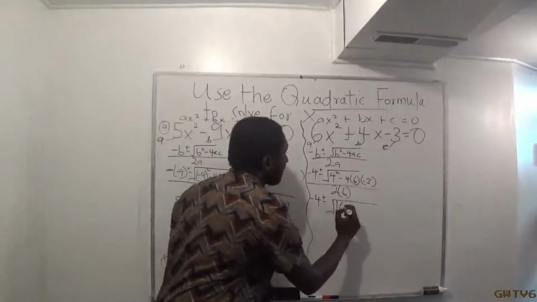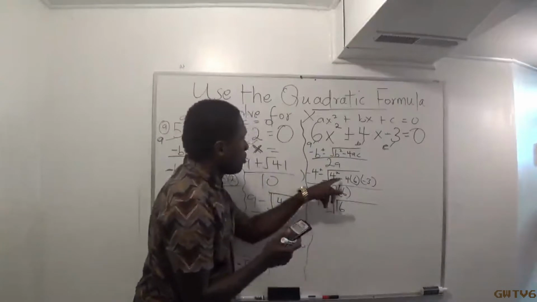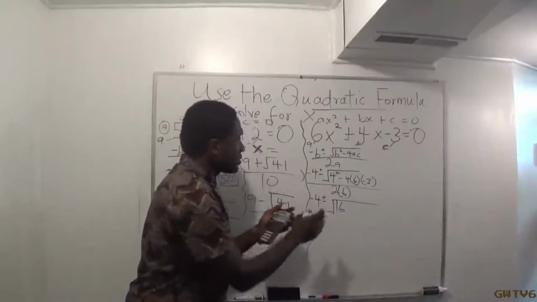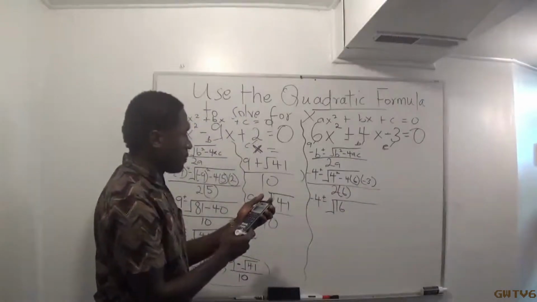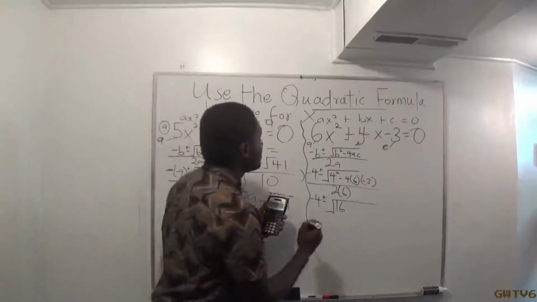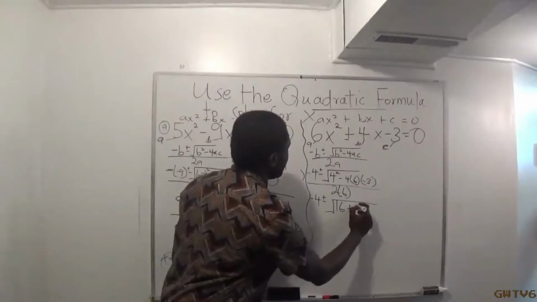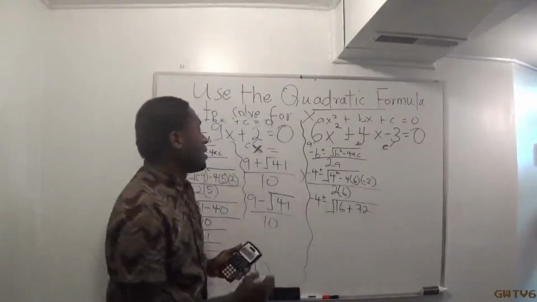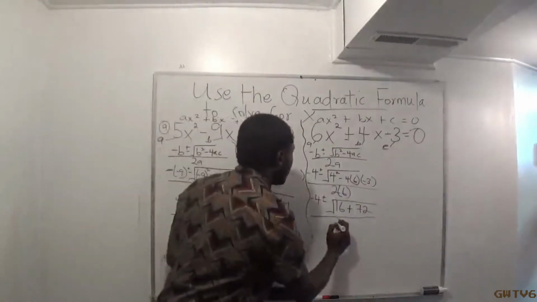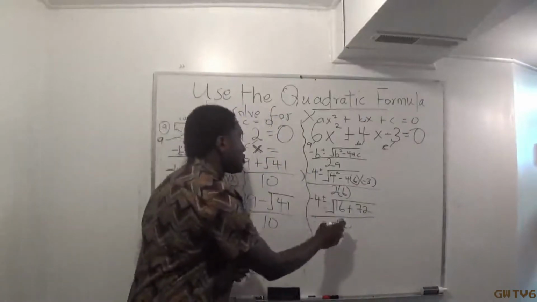Now I'm going to use a calculator here to be careful: negative 4 times 6 times negative 3 is positive 72, so I put positive 72. The whole thing is over 2 times 6, which is 12.